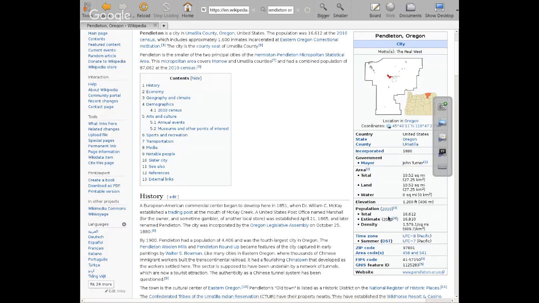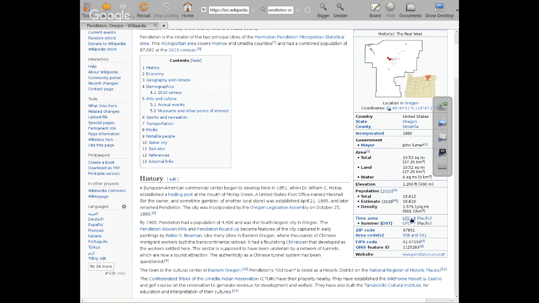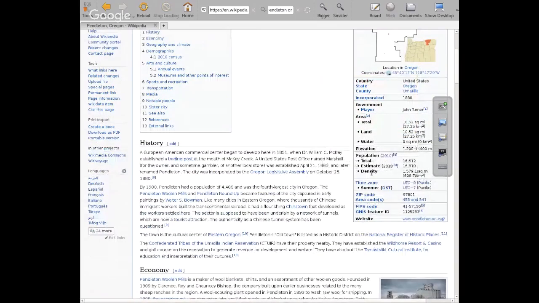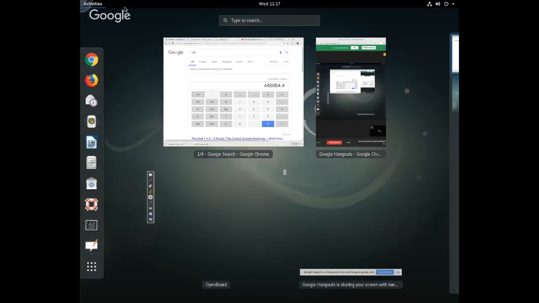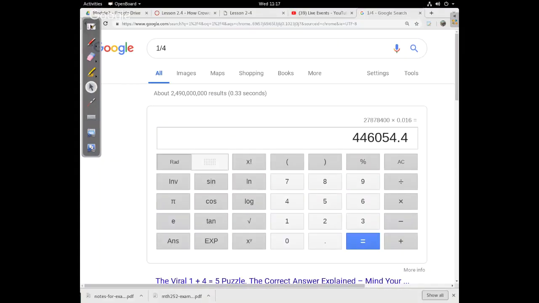And there are almost 17,000 people in Pendleton. And somebody's been kind enough to calculate the density here for me, which is almost 1,600 people per square mile. So just a note on that, switch back here. Wrong button. How about that button?